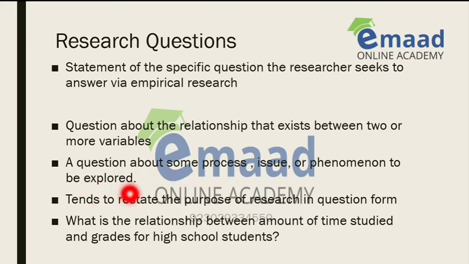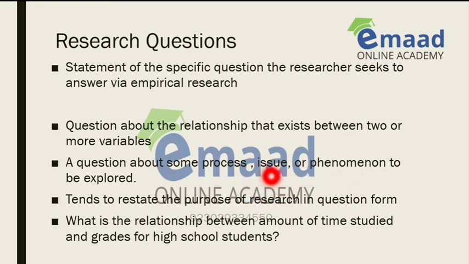Like, what is the relationship between amount of time studied and grades for high school students? So there are two variables: the amount of time that was spent on studies, and grades for high school students. So what is the relationship between them?